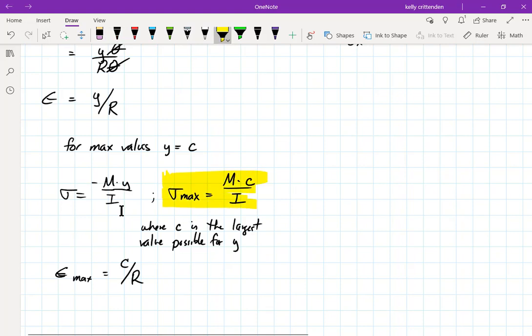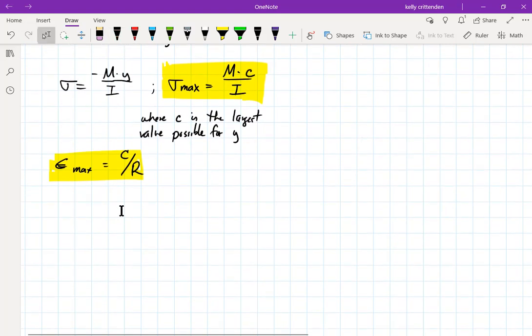And if you remember, it was the first week or so, how you relate these two, sigma max, maximum strain. So how in general, not necessarily the maximum, do you relate stress to strain? It was Hooke's law.